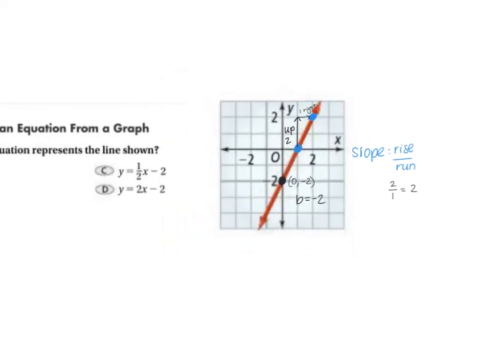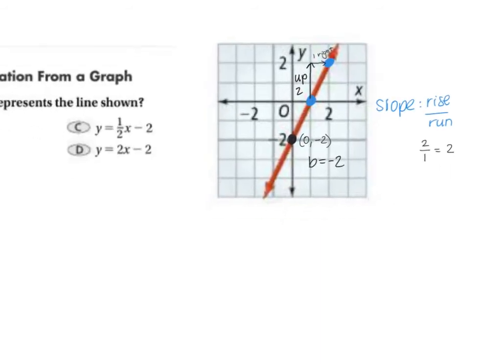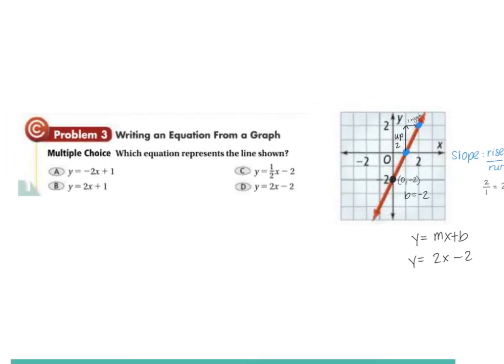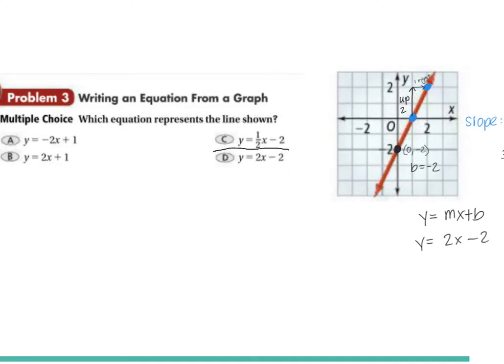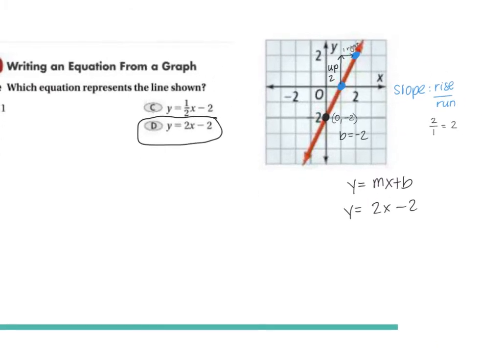So from here, which of these graphs, y equals mx plus b, we need y to be equal to 2x minus 2. Our answer is D. Because our slope was 2 and our b was negative 2. So it's going to be y equals 2x minus 2.